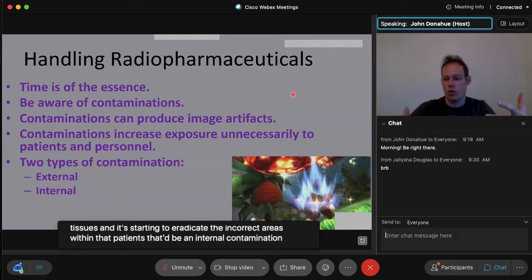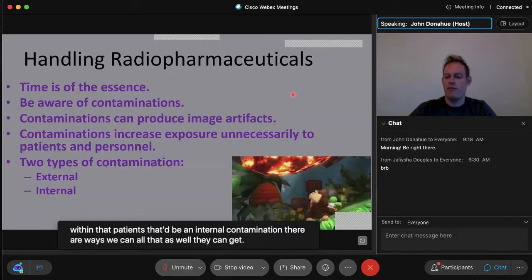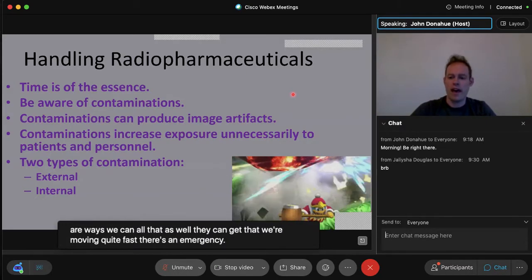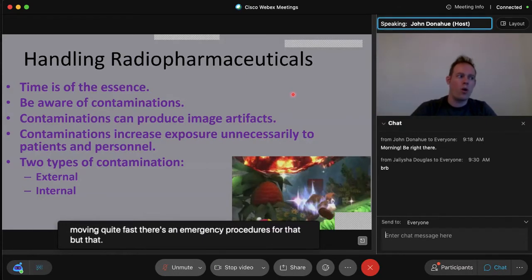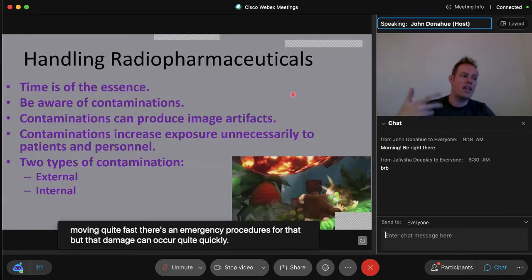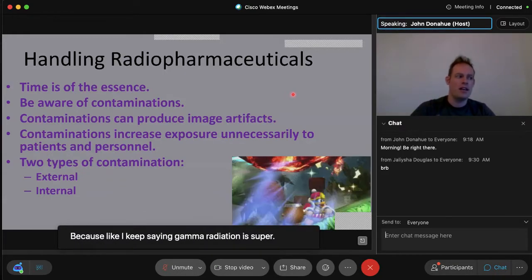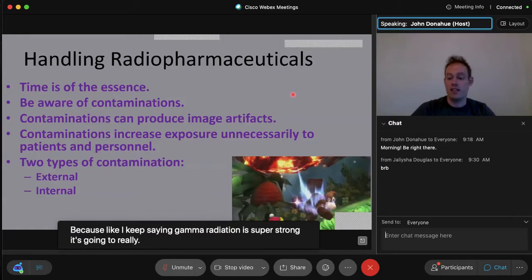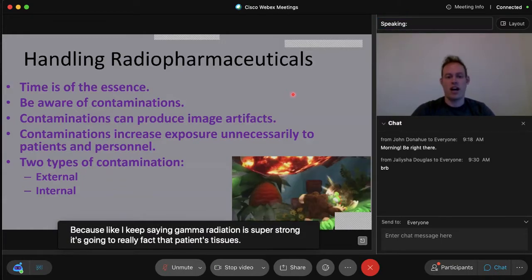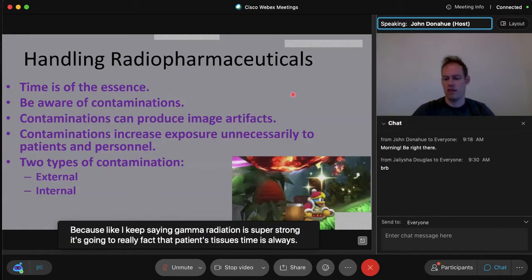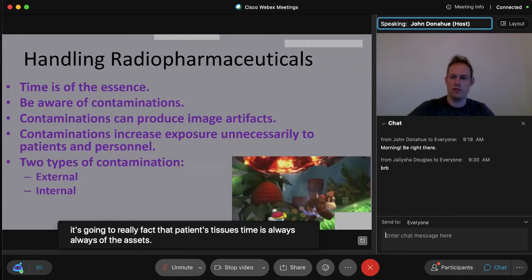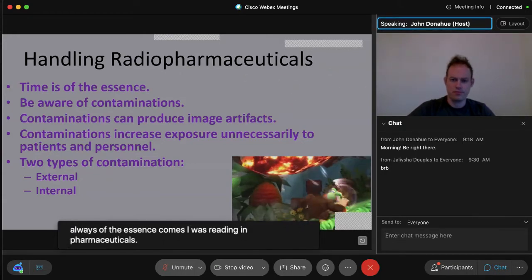And there are ways we handle that as well. They can get that removed from the patient quite fast. There are some emergency procedures for that, but that damage can occur quite quickly. Just like I keep saying, gamma radiation is super strong. It's going to really affect that patient's tissues. So time is always, always of the essence when it comes to those radiopharmaceuticals.